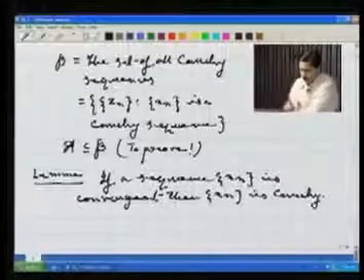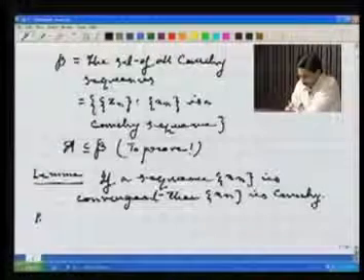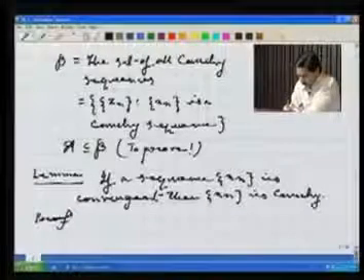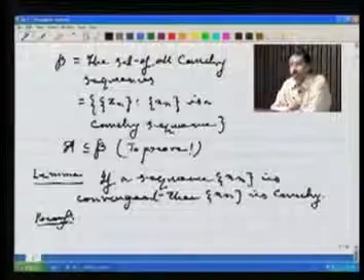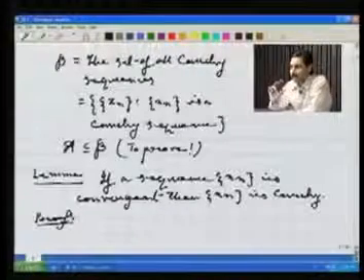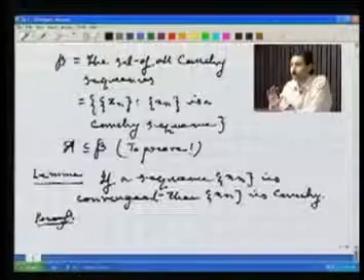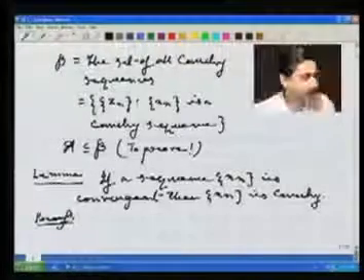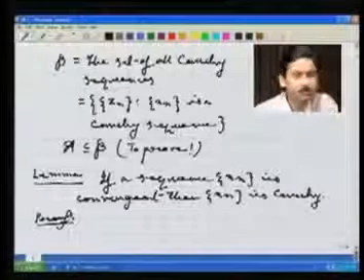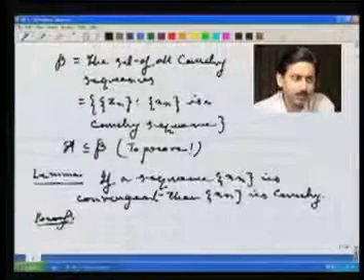Okay, so let's try to prove this. What do I have to prove? That given any epsilon, I have to find a stage after which any two terms are epsilon distance from each other. Now, since the sequence is given to be convergent, there must exist a limit.